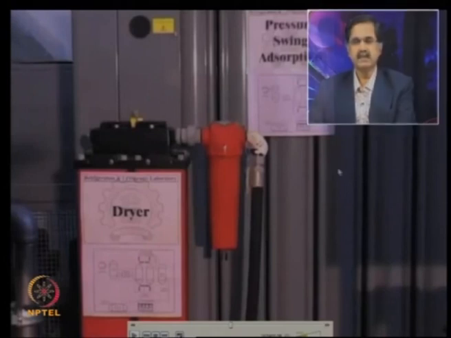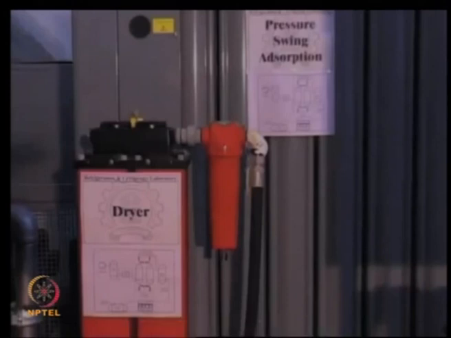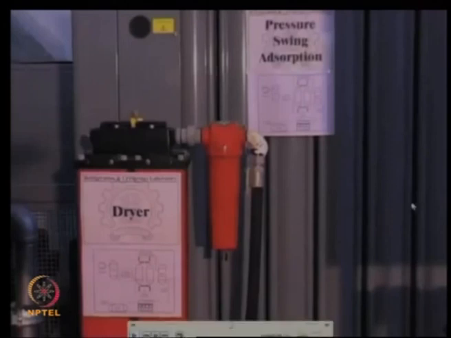And as you know, assuming air to be a mixture of nitrogen and oxygen, the PSA will not allow oxygen to go ahead, and only nitrogen will be allowed to go, and this is done by using molecular sieves. It is like a filter mechanism wherein oxygen cannot go through the sieves, only nitrogen can go through, and whatever gas leaves this PSA will be 100% nitrogen.